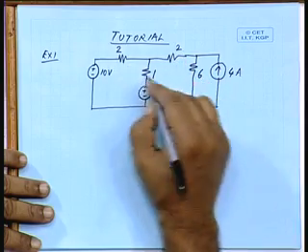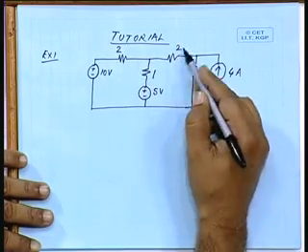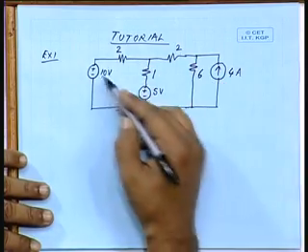All these values are in ohms: 2, 1, 2, 6, and there are 3 sources.